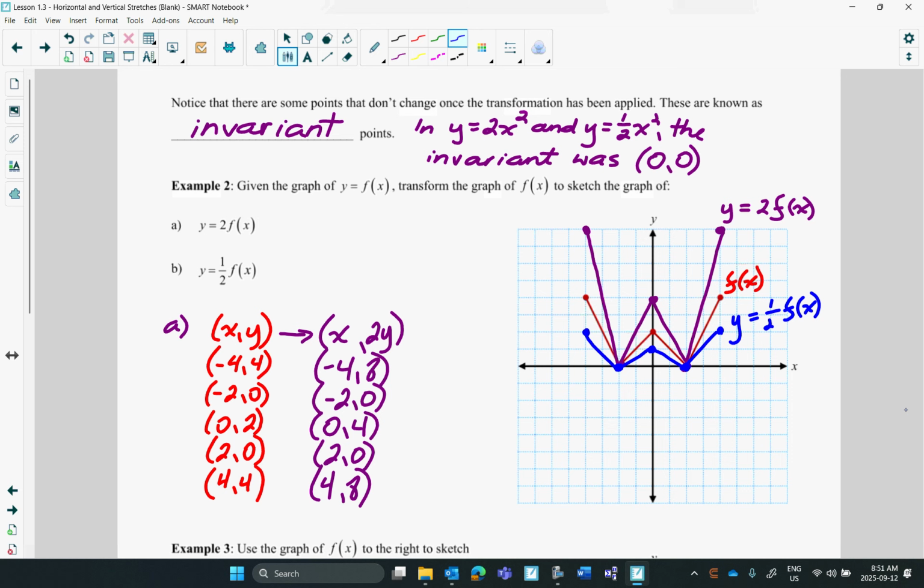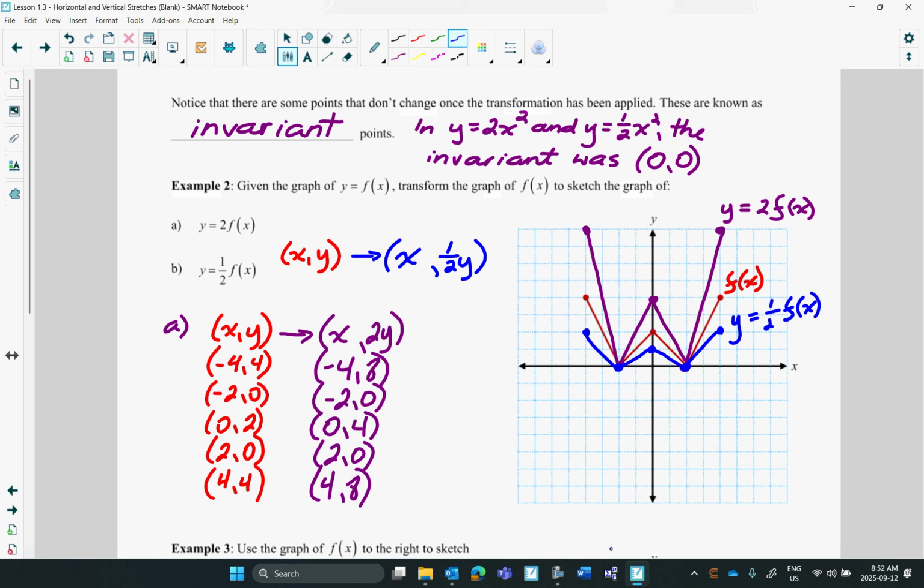If you did it by mapping notation, I'm not going to write the whole thing out, but if you're going to call every original coordinate (x, y), what would be a formula for every new coordinate? (x, 1/2 y). X doesn't change.